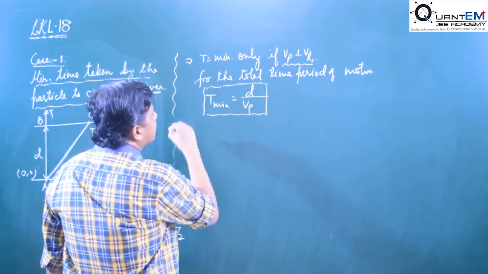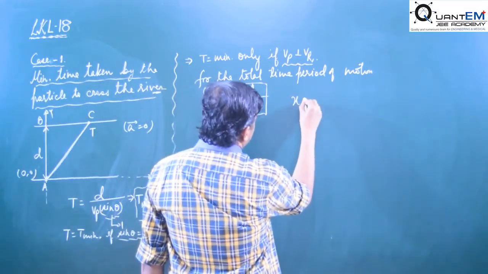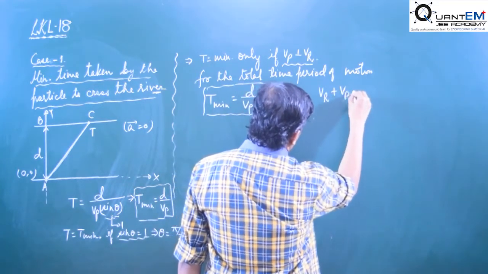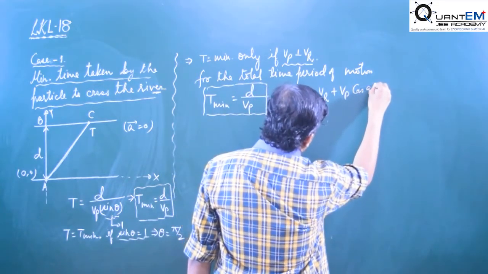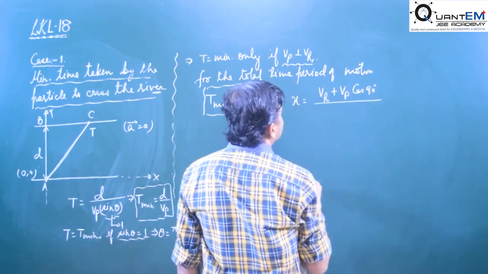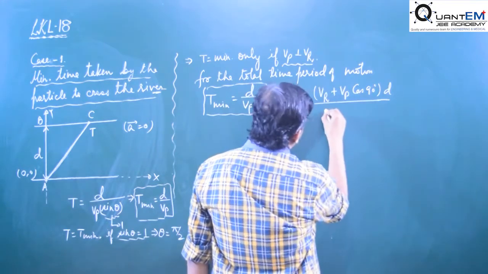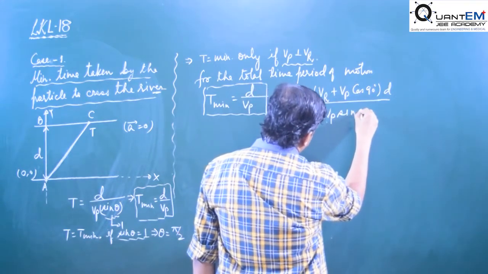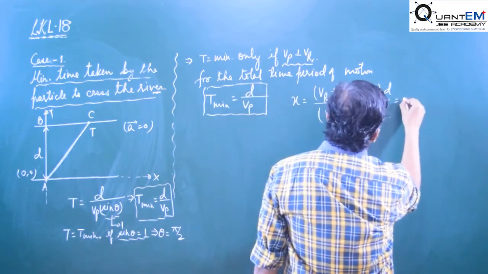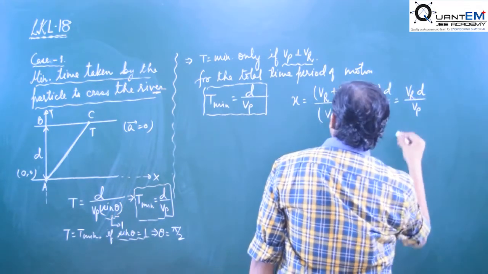Then what is the horizontal displacement in crossing the river in that case? The horizontal displacement we have is Vr plus Vp cos 90, multiplied by d by Vp sin theta, that is sin of 90 degrees. So we have the result Vr d by Vp.